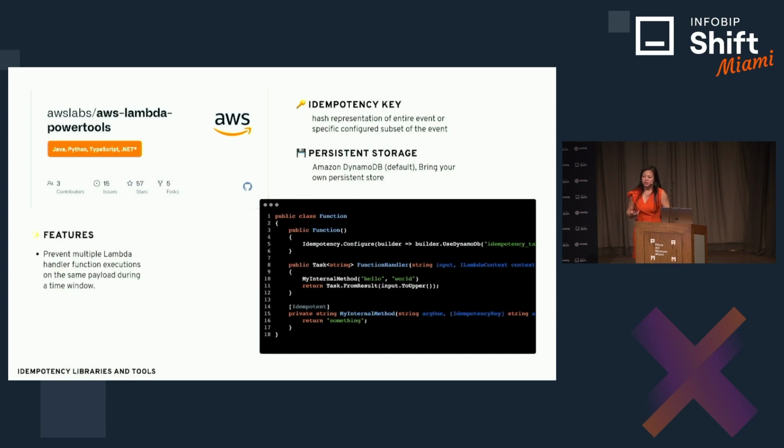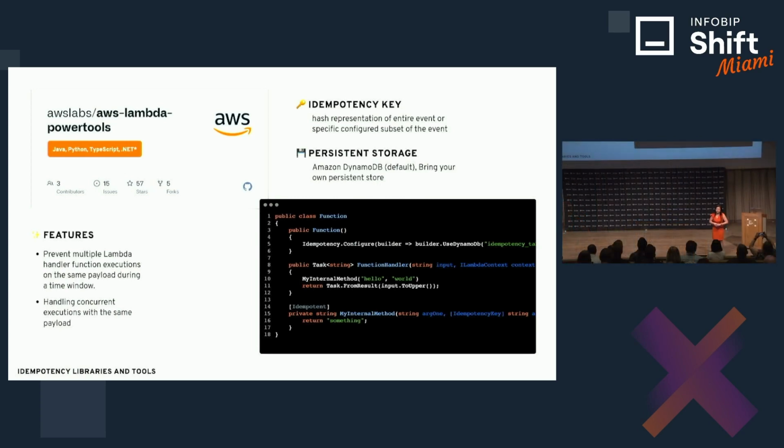Some of the other cool features here are that, sorry, my eyes are a little blurry at this moment. So the first feature here is that you can prevent multiple Lambda function executions on the same payload during a time window.